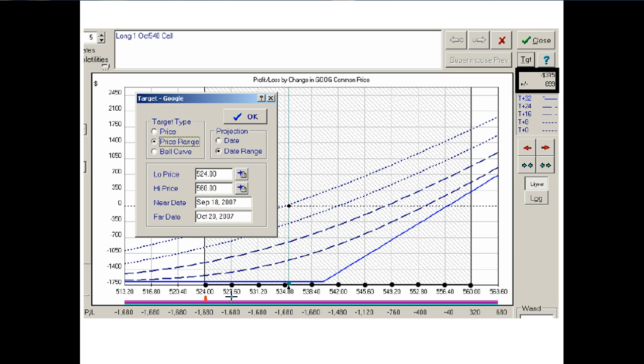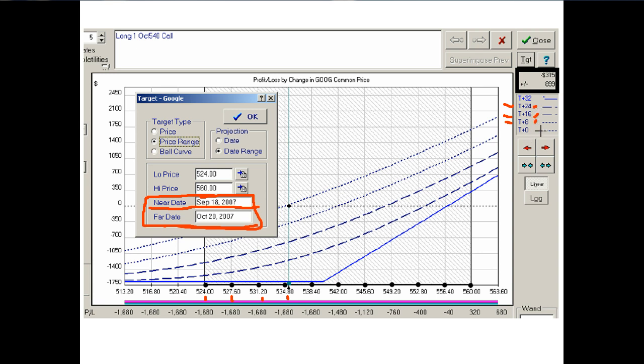We take 11 data points, but we do it for 5 different time frames over the width of this date range. We're always going to take one on the near date, on the far date, and on 3 equidistant time frames in between. And it'll round in case there's odd days or something like that.